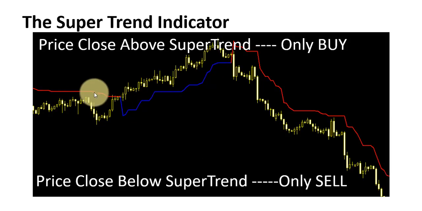So when there's a change of color, that is a reversal, and that is when you take a trading opportunity. So when price closes above the super trend indicator, you have a buy position. When price closes below it, you have a sell position. The color for a sell position is red. The color for a buy position is blue.